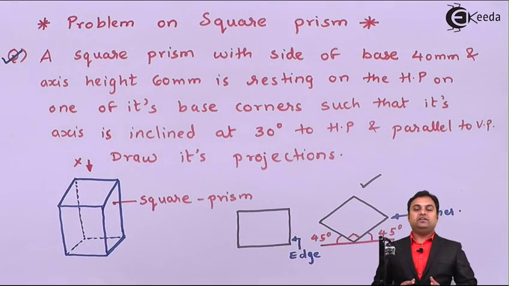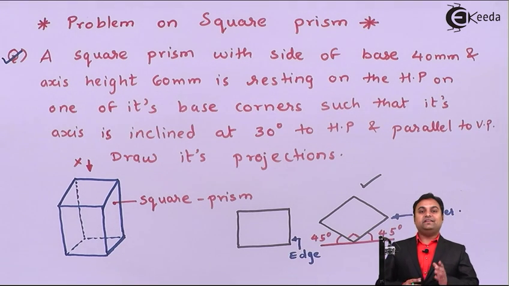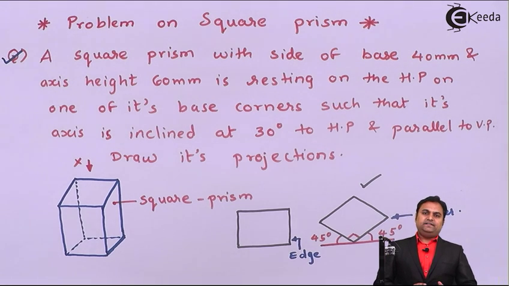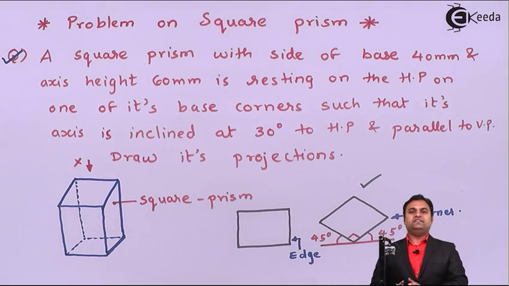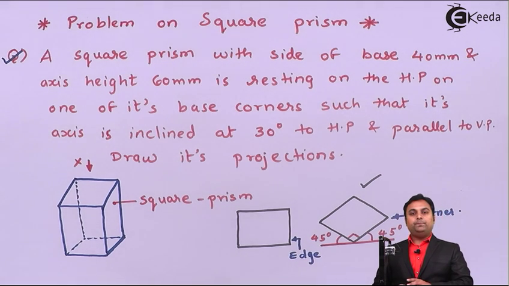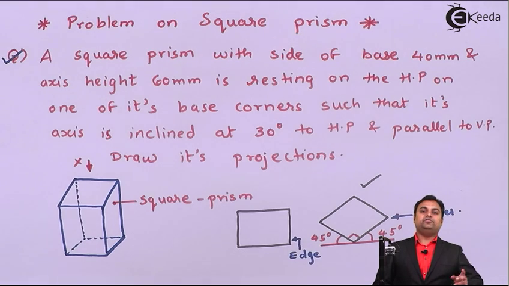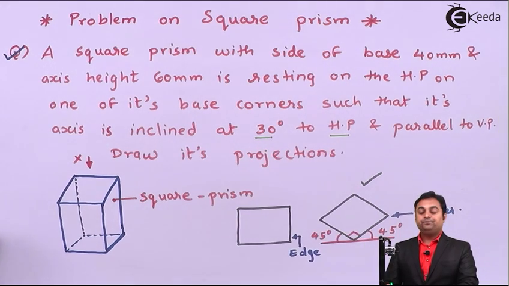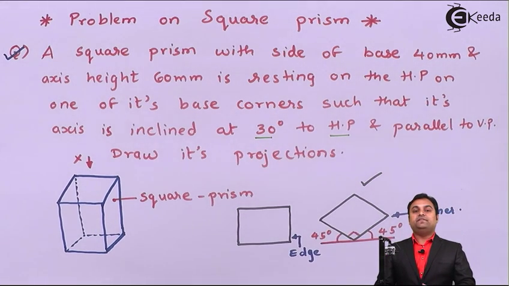Now we must be very clear that if the inclination is given with respect to HP, it will be seen in VP, and if it is opposite, that is the inclination is given with respect to VP, it will be seen in the opposite plane, that is HP. Here it is given that it is inclined at 30 degree to HP, so it means it will be seen in VP, that is in the front view.